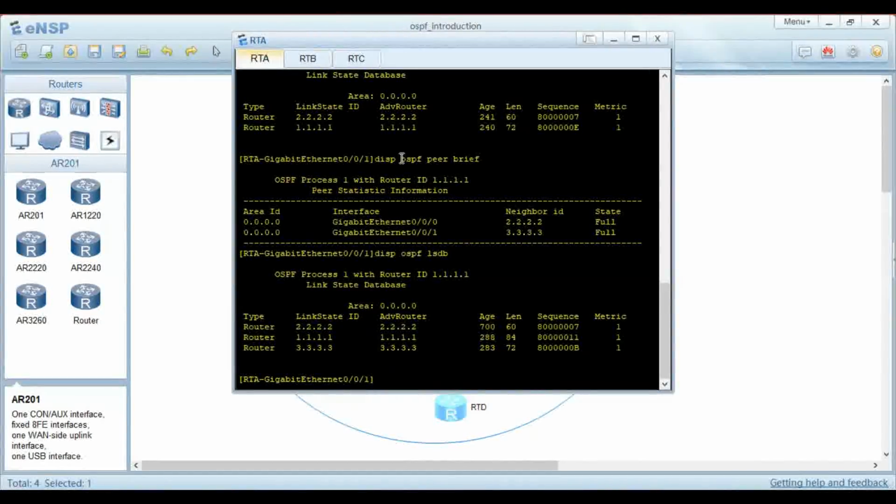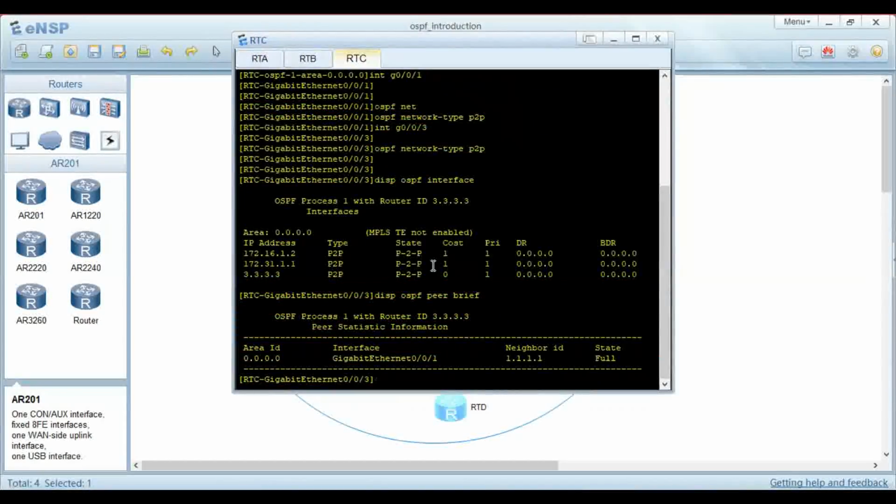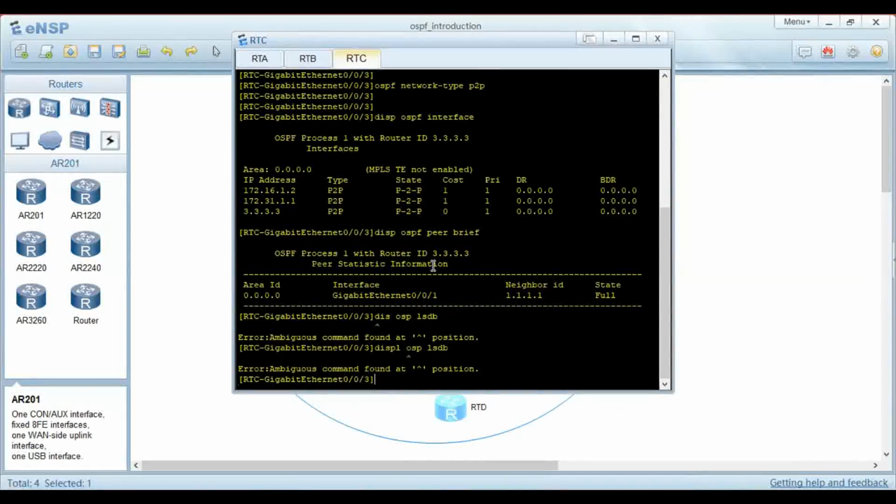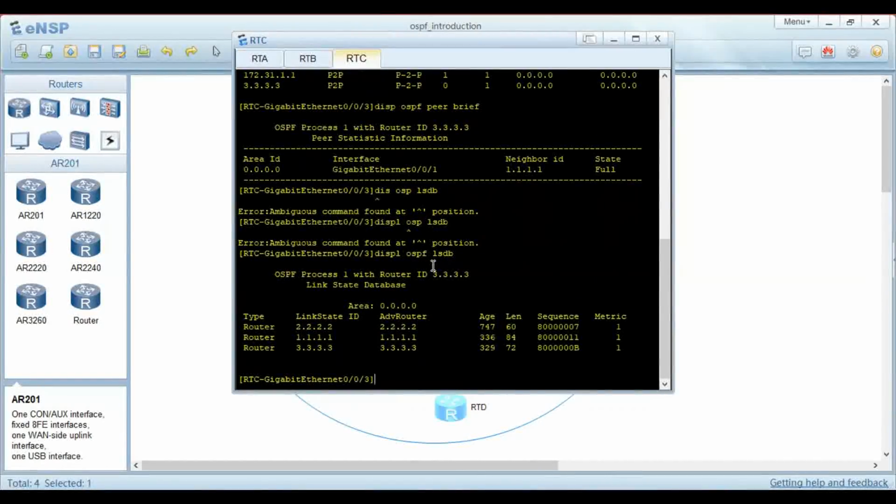So if you go to router C, we expect it to have the same. Display OSPF LSDB has the same, you see.